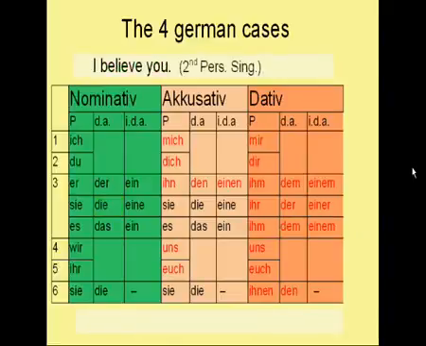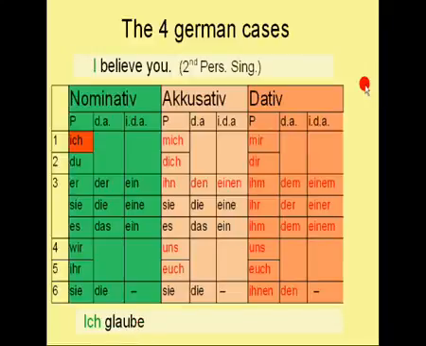Let's take another example. For instance, the sentence I believe you, with you meaning the second person singular. So which one is the subject of the sentence? It's I, which is the German personal pronoun ich. Therefore the sentence starts with Ich glaube, with glaube being the conjugated verb.